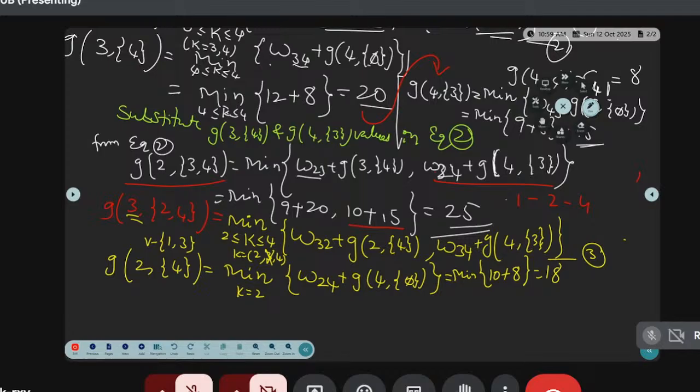And here we need to calculate g of 4 comma 3, minimum of k value 3. Tell me this cost at least. Now tell me anybody, what is the cost of g of 4 comma 3?